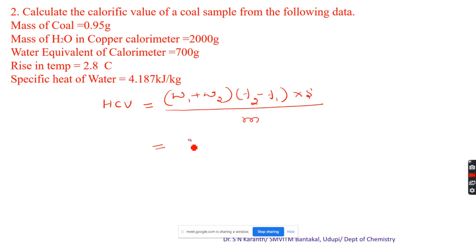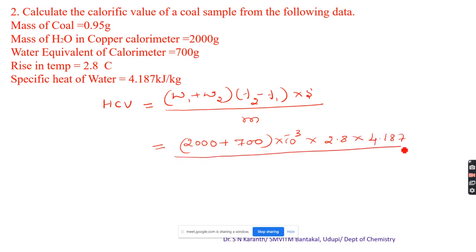W1 is 2000 gram plus 700 gram, multiplied by 10 to the power minus 3, into rise in temperature 2.8, into 4.187, divided by M, the mass of the coal, 0.95 into 10 raised to minus 3.